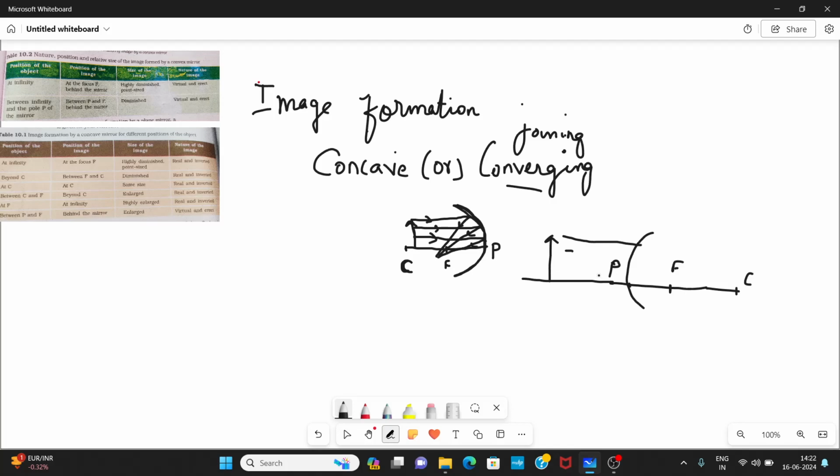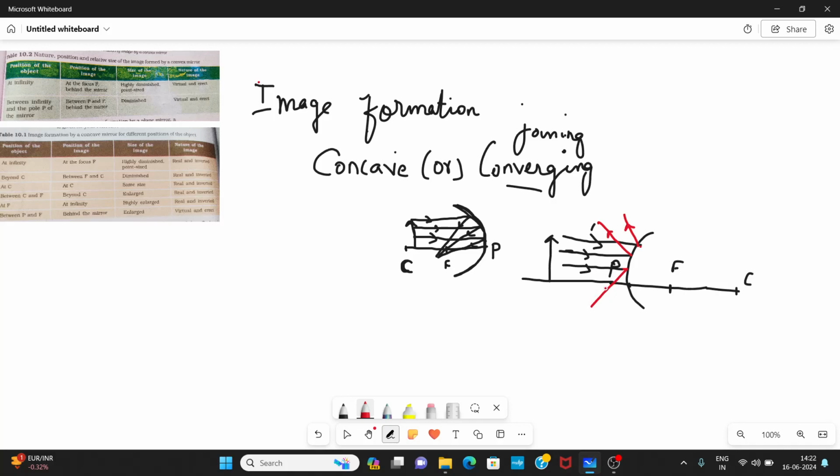Always we place the object on the left side of the mirror, right? These are the incident light. When it hits the surface of the mirror, all the light gets reflected back. So this is my reflected light.